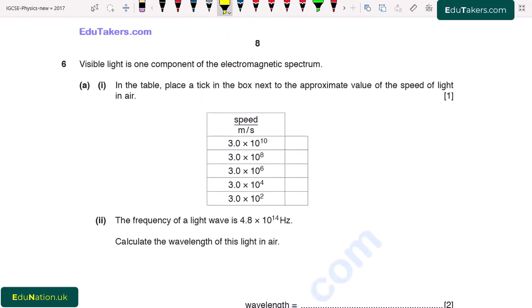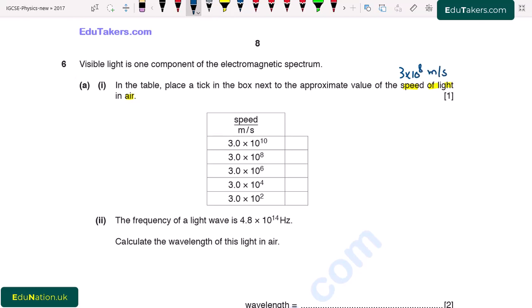Question number 6. Visible light is one component of the electromagnetic spectrum. Part A. First, in the table, place a tick in the box next to the approximate value of the speed of light in air. So here we have to tick the box which shows the speed of light in air. We know that the speed of light is basically 3 into 10 to the power 8 meter per second.